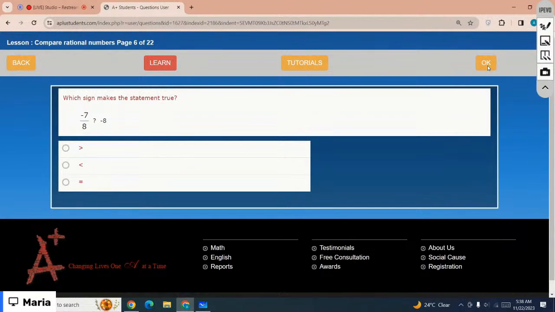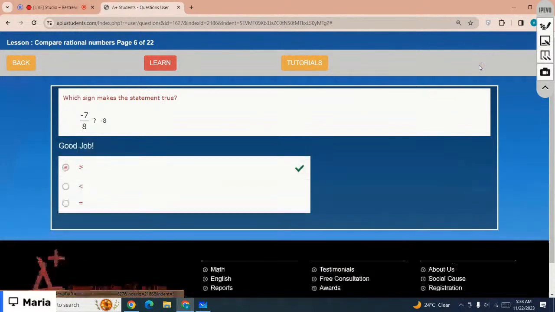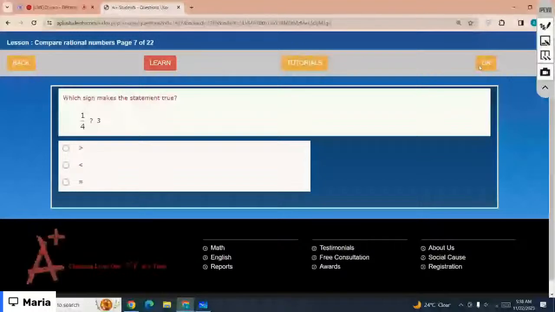The correct option is negative 7 over 8 is greater than negative 8, right? One by 4, you have to compare it to 3.